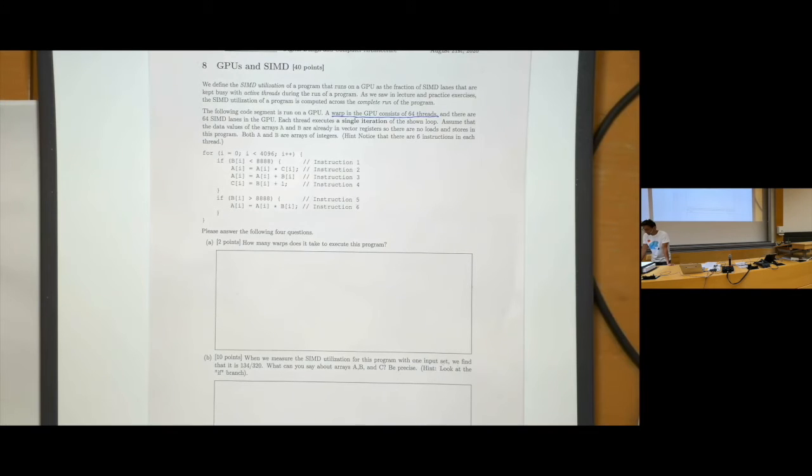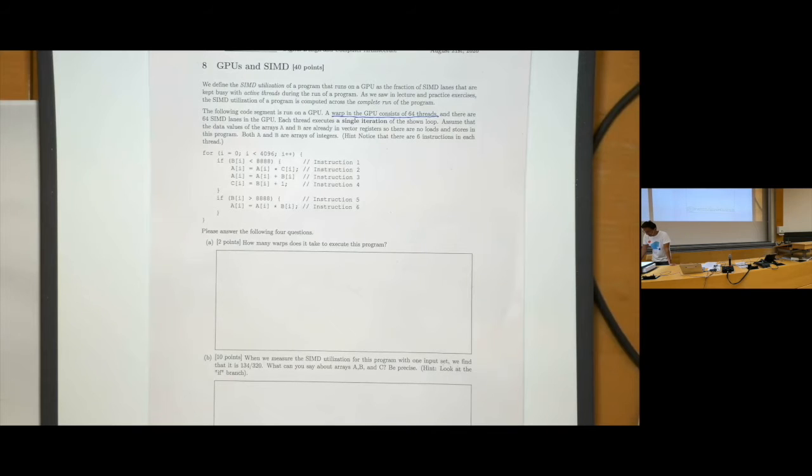So what that essentially means is that when one warp executes one instruction, the instruction takes one cycle. Remember that in the GPU lectures we covered the cases where the warp size was greater than the number of lanes. In that case, we would need to schedule the instruction across several cycles. But here it is just one cycle.